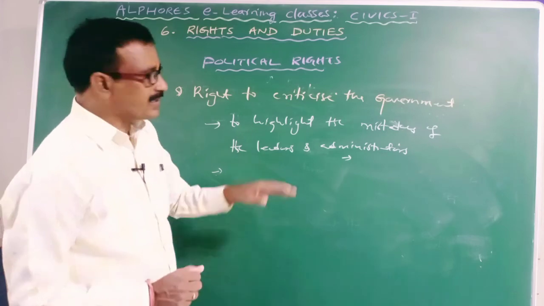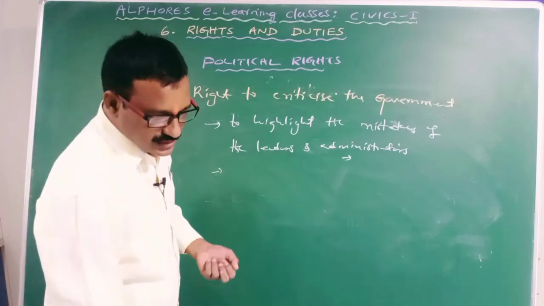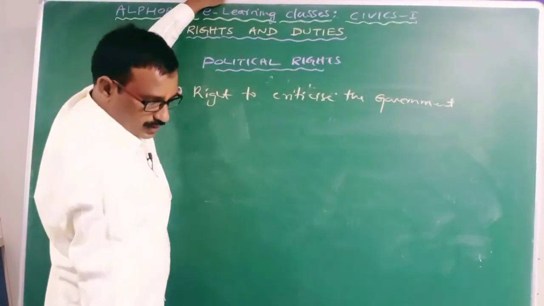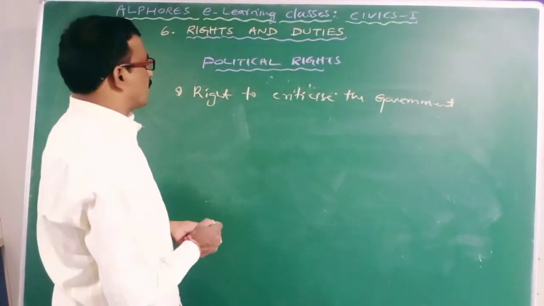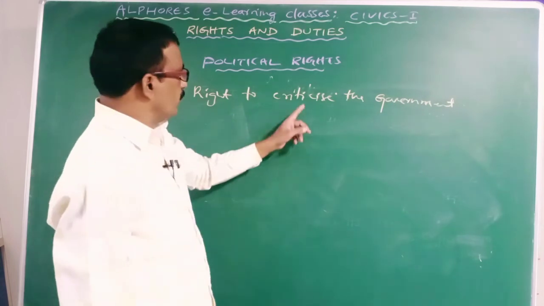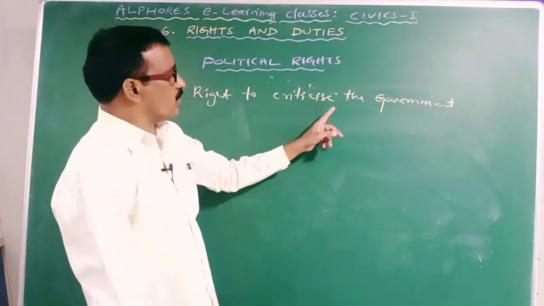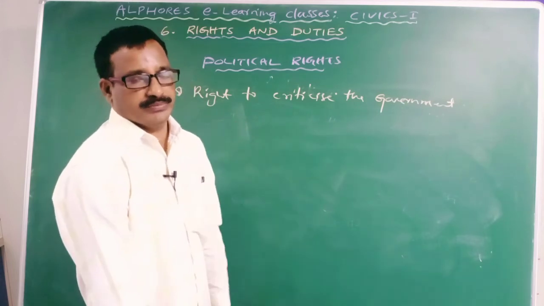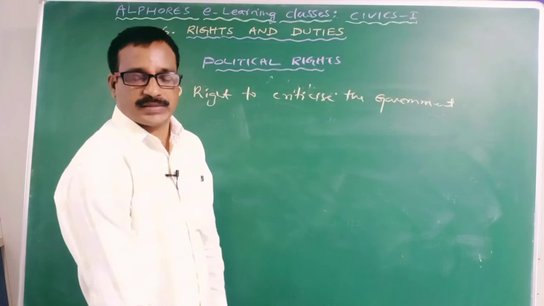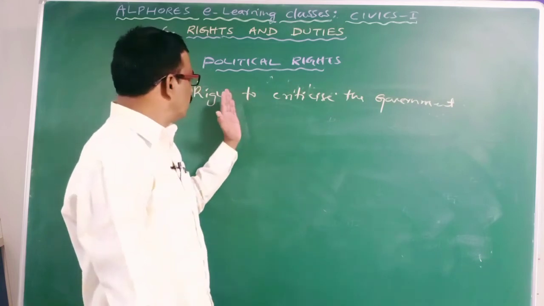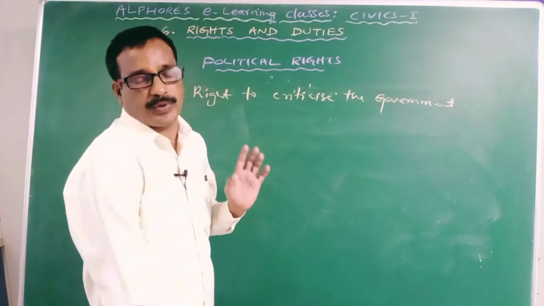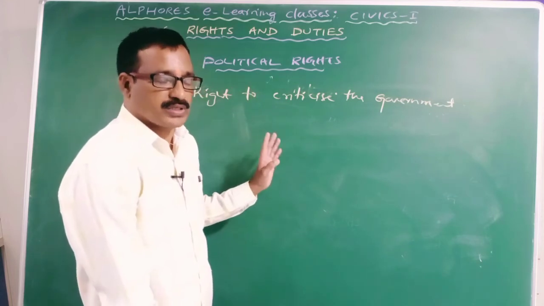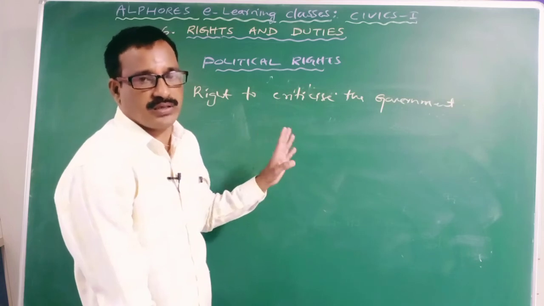Hence J.S. Mill has given one comment about the right to criticize the government. When there is a right to criticize the government, the government will behave responsibly. The people will criticize the public policies and programs which are against the people.